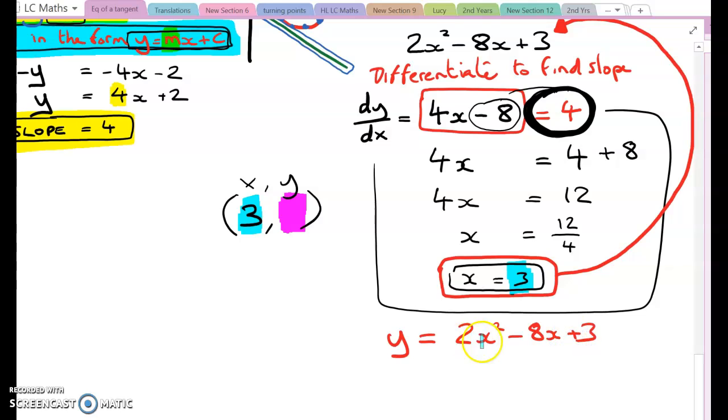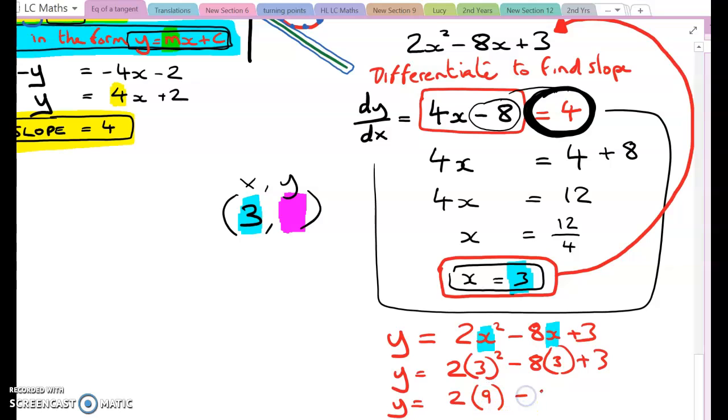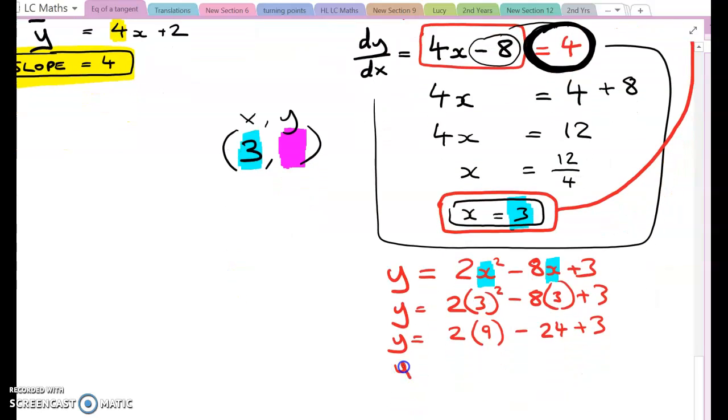And of course I know what x is. It's 3. So y equals 2 by 3 squared minus 8 by 3 plus 3. So y equals 2 by 9 minus 24 plus 3, which means y equals 18 minus 24 plus 3. So y equals minus 3.